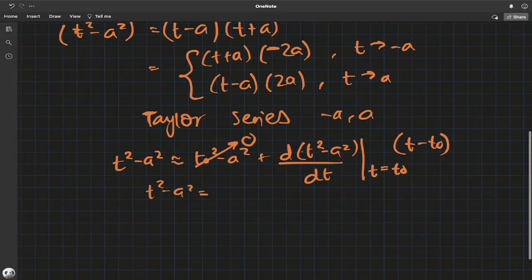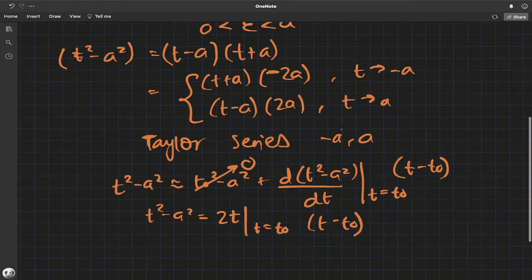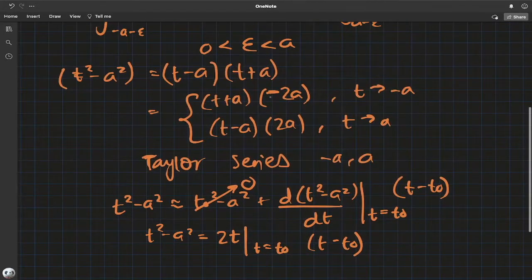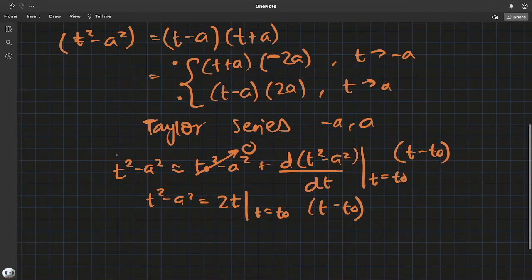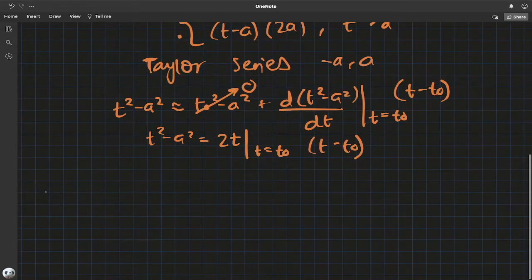So we'll have t squared minus a squared equal to the derivative, which we just plugged in. The derivative of this was, I believe, 2t at t equals t naught times t minus t naught. If you expand it around, say, negative a, you're going to have negative 2a like here. If you expand it around a, you're going to have the second term here. So you get these. And why is this helpful?